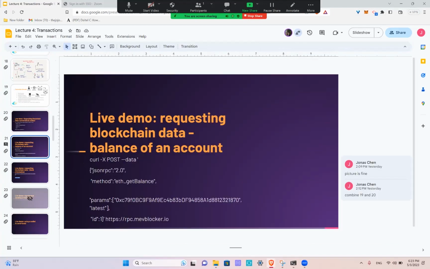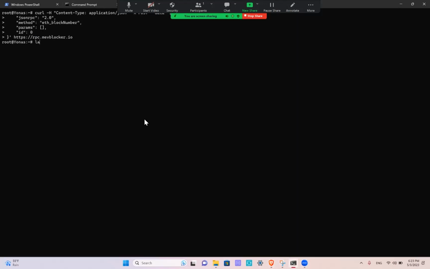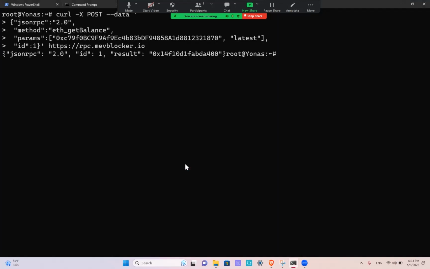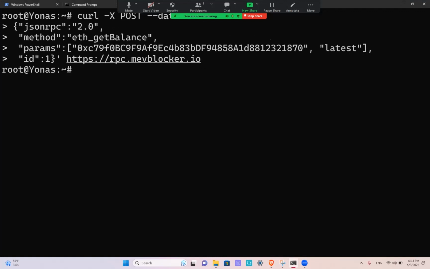And I have another one where we can query the balance of an account. If we do this, we can see that this particular address has this much balance. In this case, it would be ether. Okay.